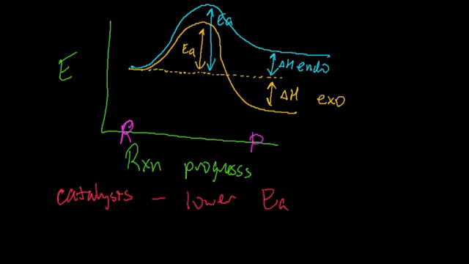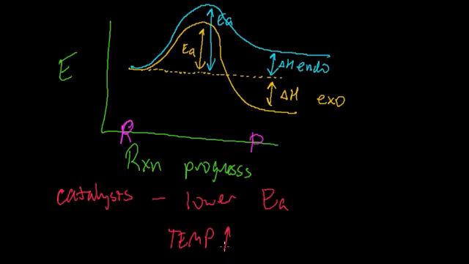Now, what are some other ways that you can get a reaction to occur more readily other than catalysis? Well, you add heat, add energy. Even if it's exothermic, you've got to overcome the energy of activation. So you increase the temperature of the reactants. There's a mathematical equation for energy of activation.